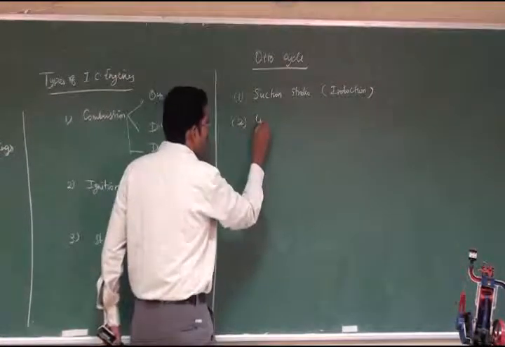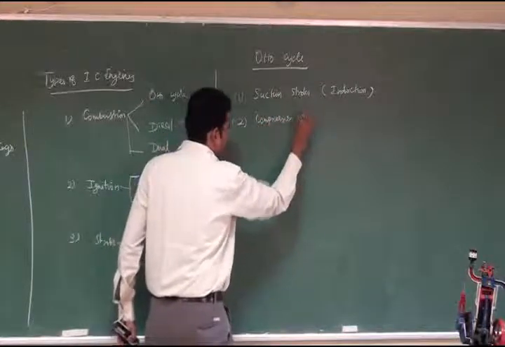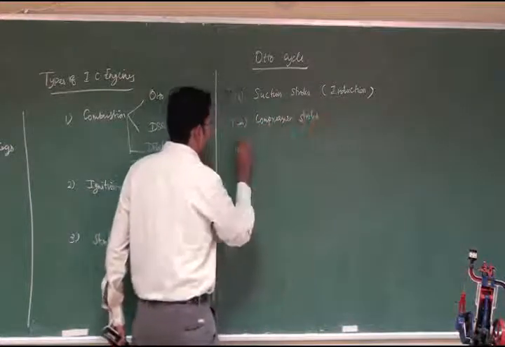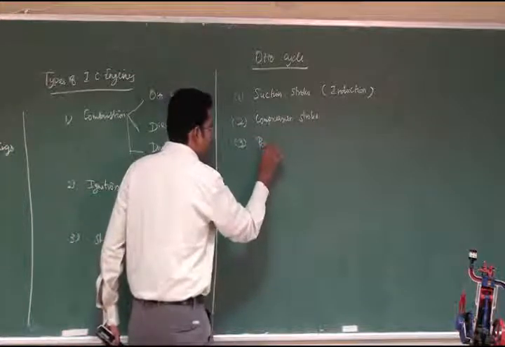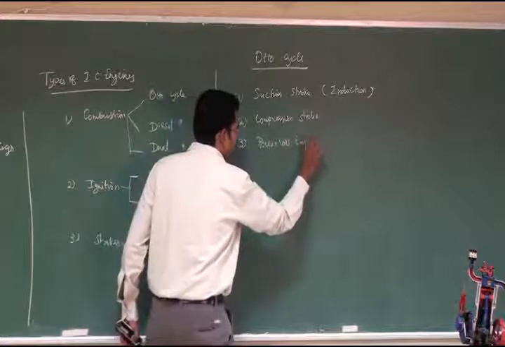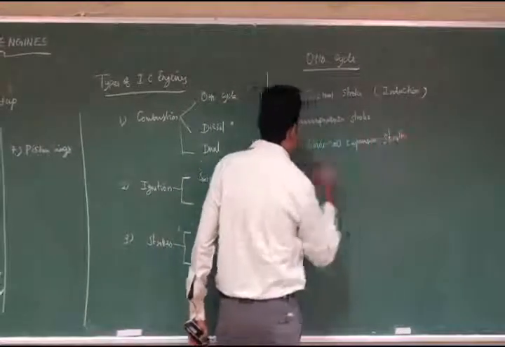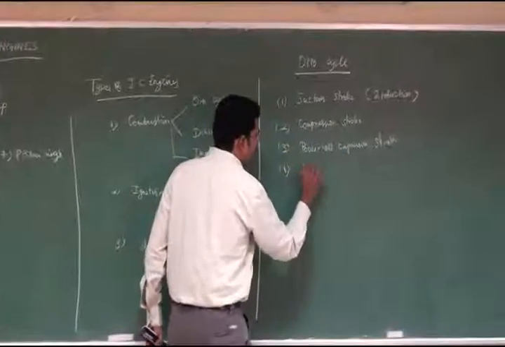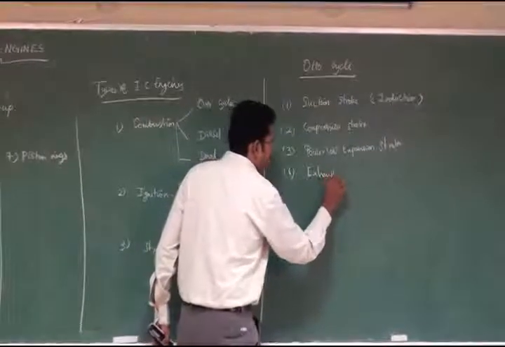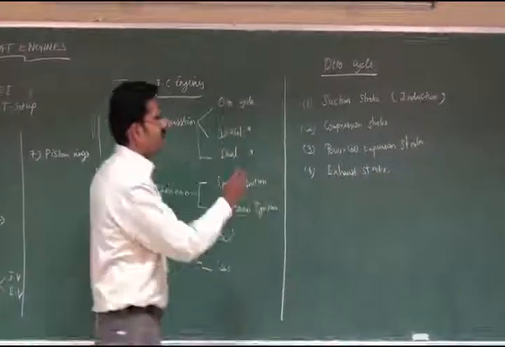Second one is the compression stroke. Third one is the power stroke or expansion stroke. Fourth one is the exhaust stroke. Now we are going to see them one by one.